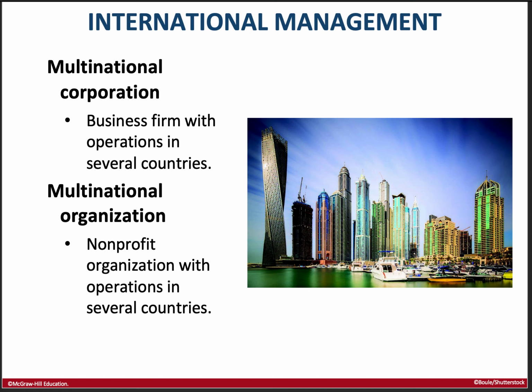So let's talk about the international management aspect. We have multinational corporations, and those are organizations that have operations in several countries. Some of those include the publisher of this textbook, McGraw-Hill Education. It is owned by Apollo Global Management.